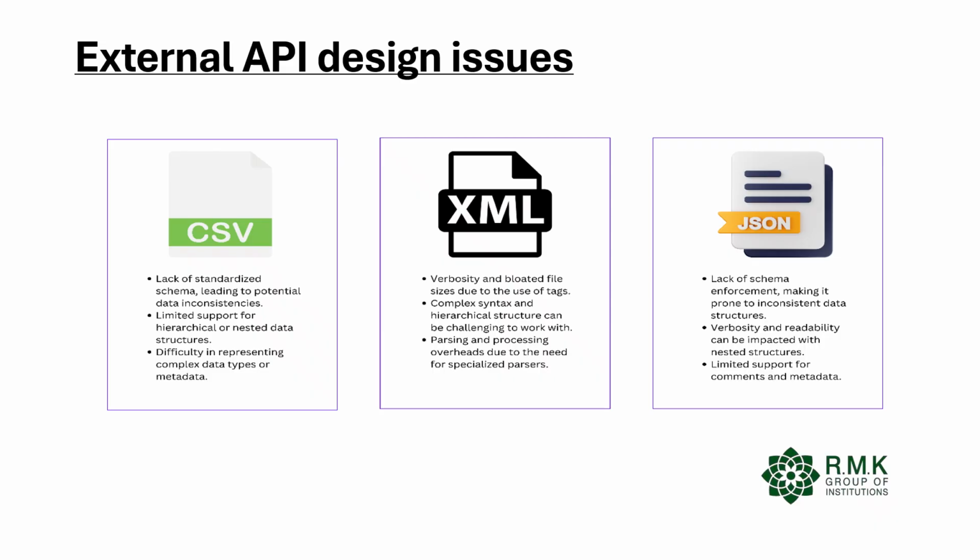From the external API design point of view, we have CSV, XML, and JSON. CSV is supporting file for the style sheet, and XML is for the proper view of a web page design. JSON runs the backend of the server. Only with the combination of CSV, XML, and JSON will the front end be designed.